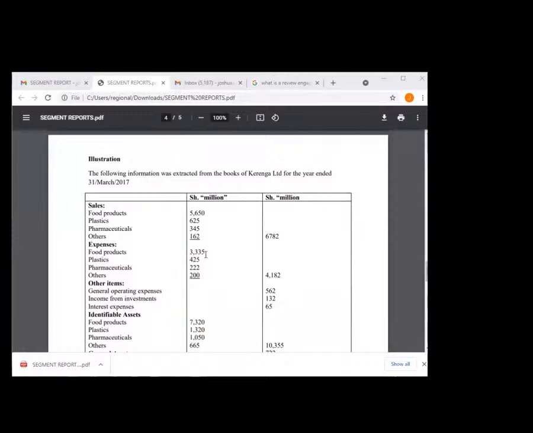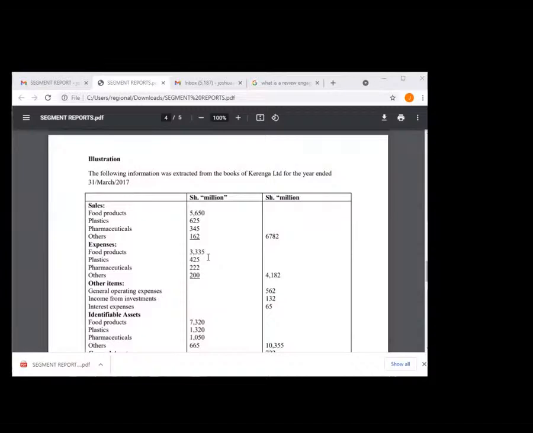So you simply subtract the two: 56.50 minus 33.35.